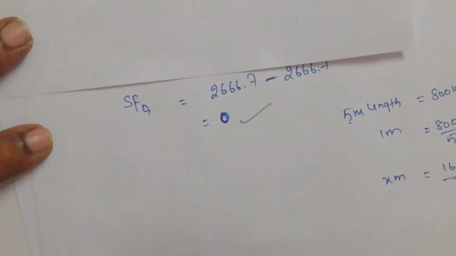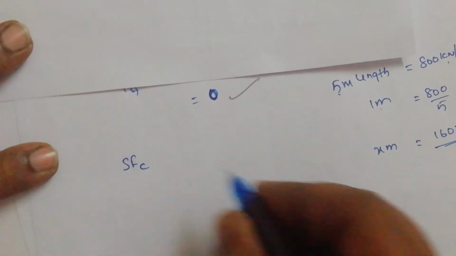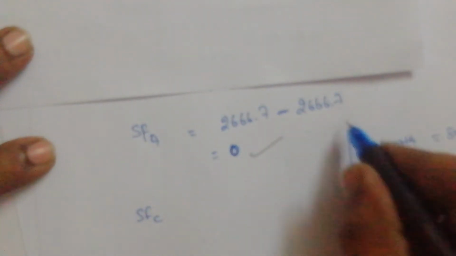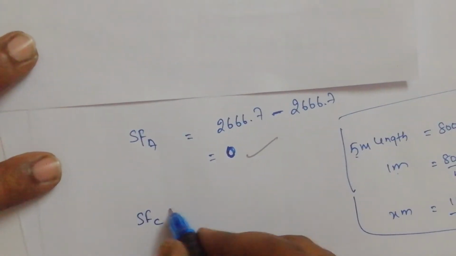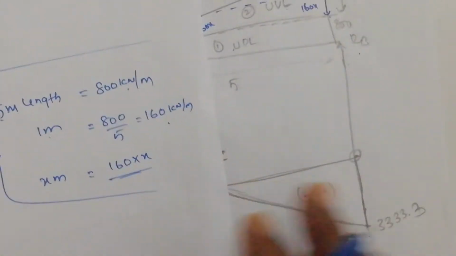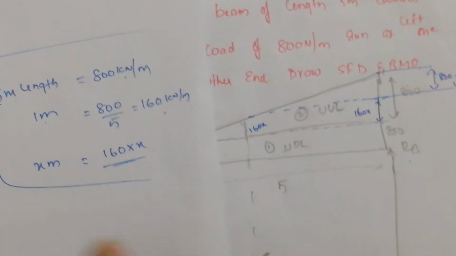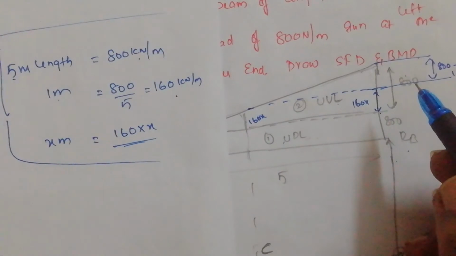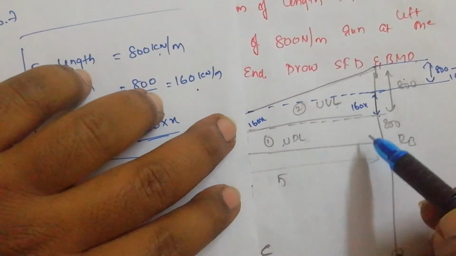Next, how to find the shear force at this point? Let us go for the calculation. Shear force at point C: at point C we have to consider the loads which are on the right side of it. What are the right side forces? We have this UDL.